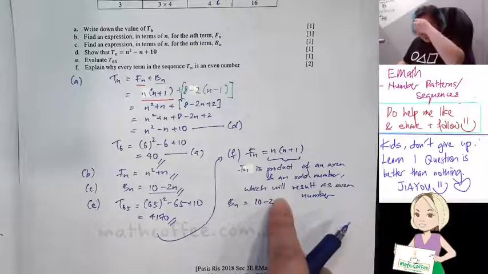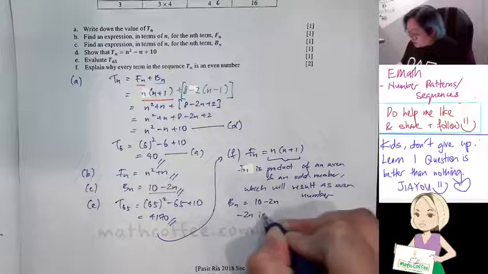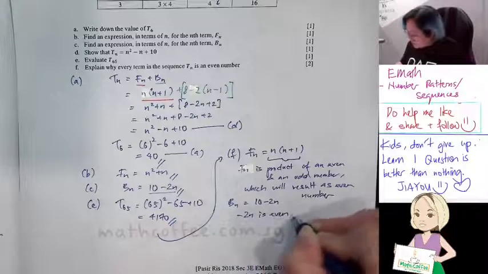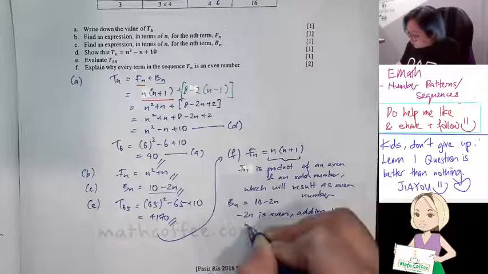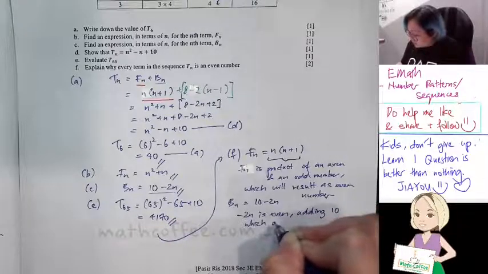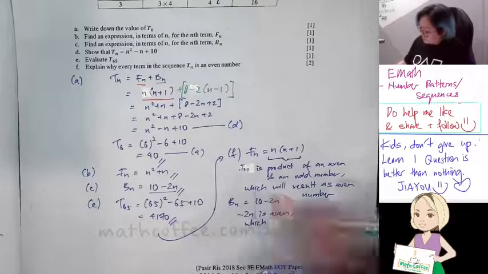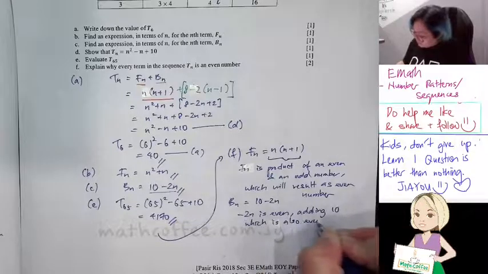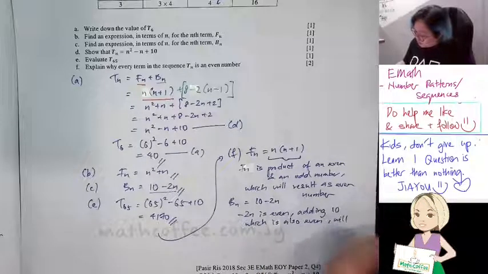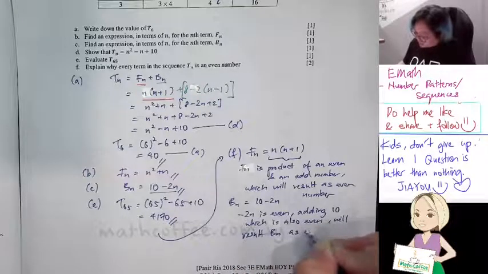You understand? So you will explain, minus 2n is even, adding 10, which is also even, will result in Bn as an even number.